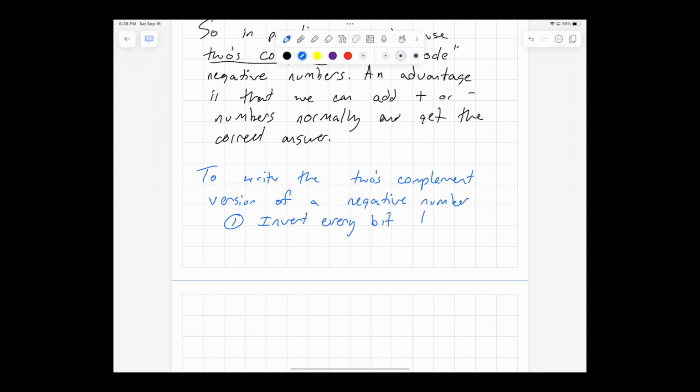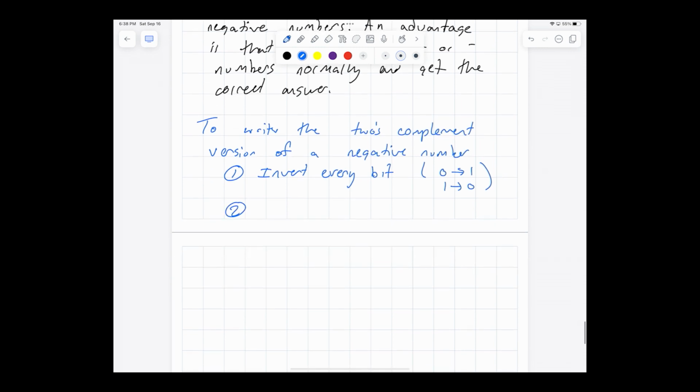Now, when we say invert, that means 0 turns into a 1 and a 1 turns into a 0. And then what you do is you add 1.